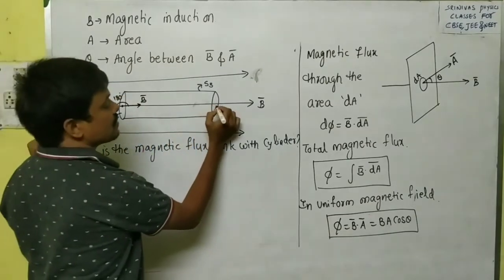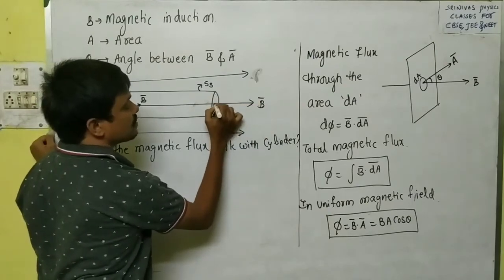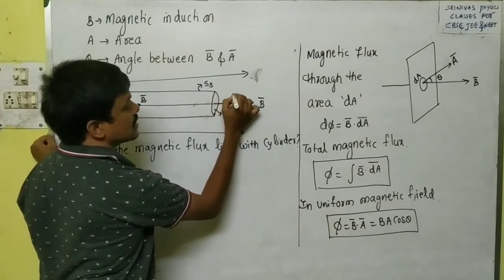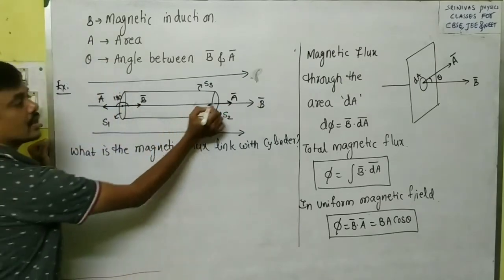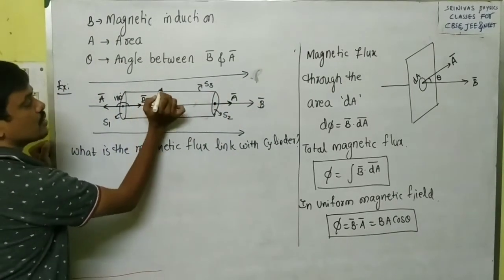For the second surface, the field is right side, and the area vector, perpendicular to the surface, is also right side. Then the angle between B bar and A bar for the S2 surface is 0. What about the S3 surface?